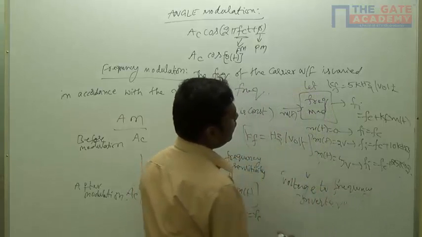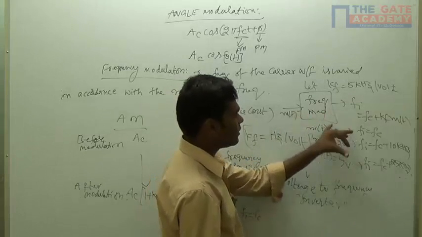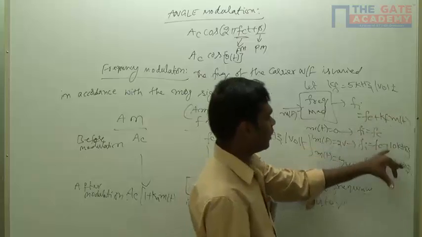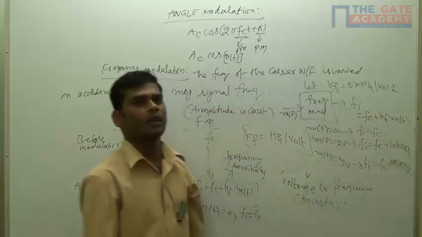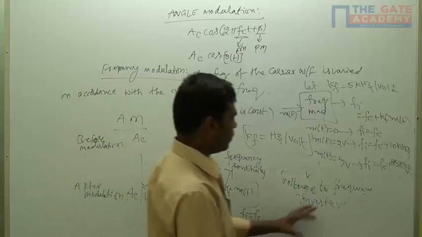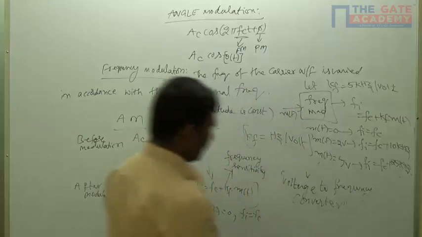Why? Because the input we apply is a voltage, and the output frequency corresponding to this voltage varies. So this is called a voltage to frequency converter.